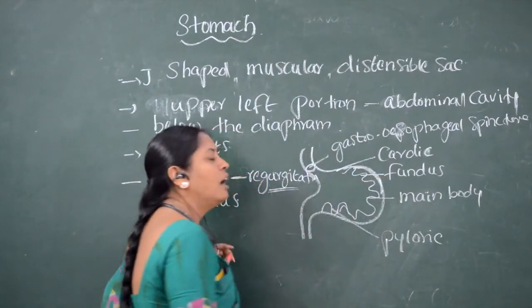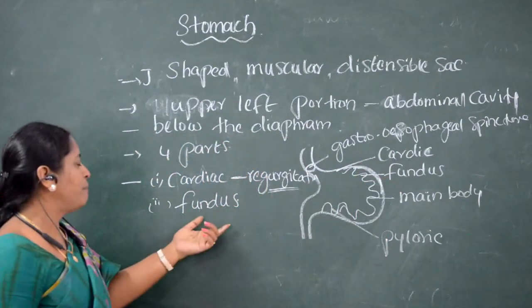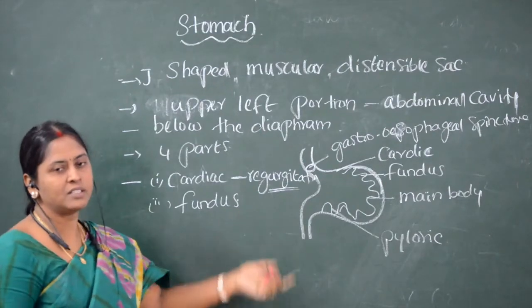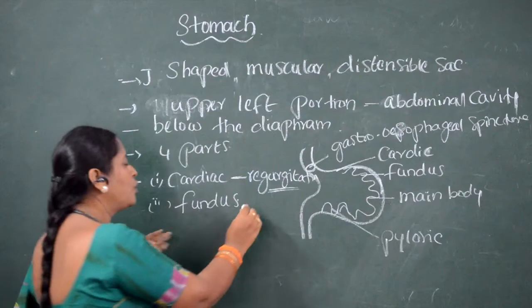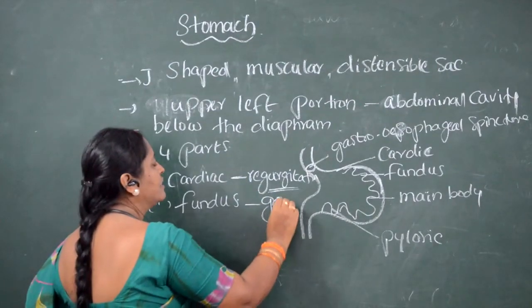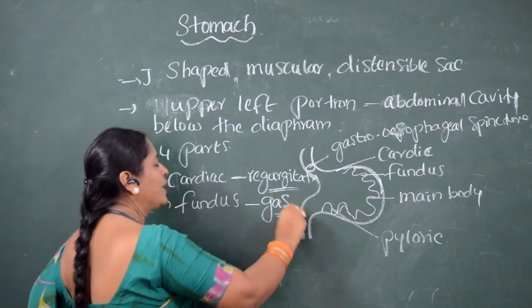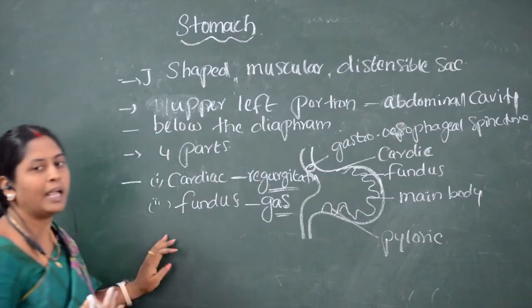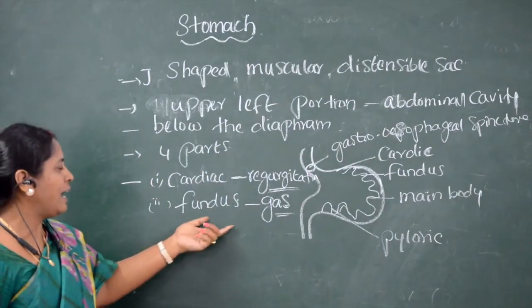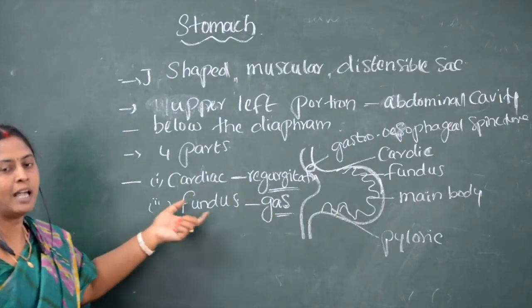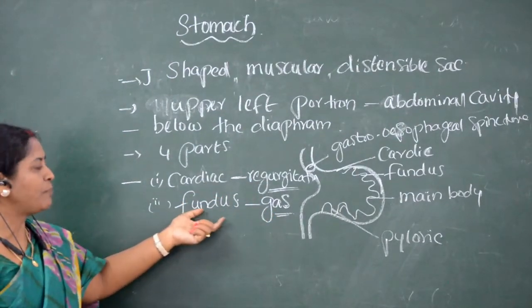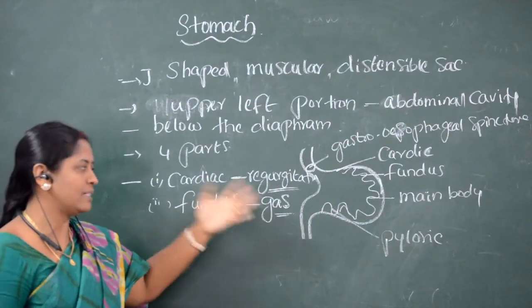The main function of the fundus is that the gas formed in the stomach because of the gastric juices or enzymes is stored in the fundus. So the fundus is filled with gas.